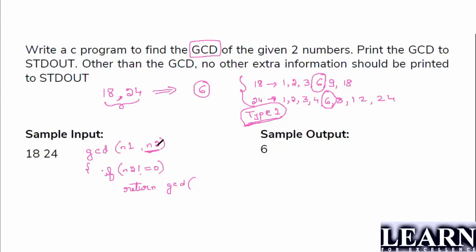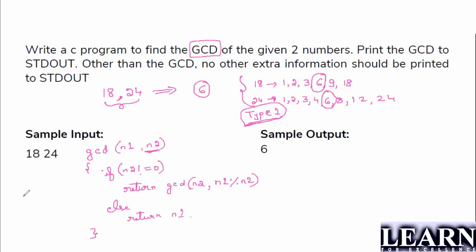So you keep taking the remainder again and again, swapping the numbers. Else, if N2 is equal to 0, of course we return N1. So we return the N1 value at last.